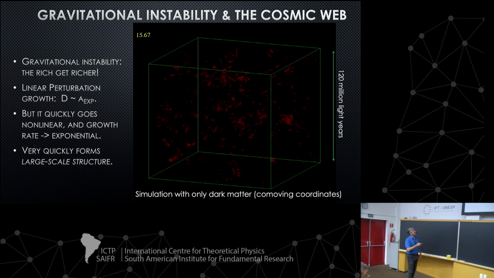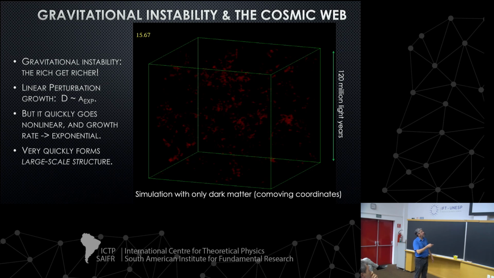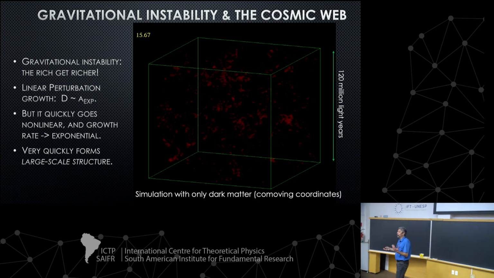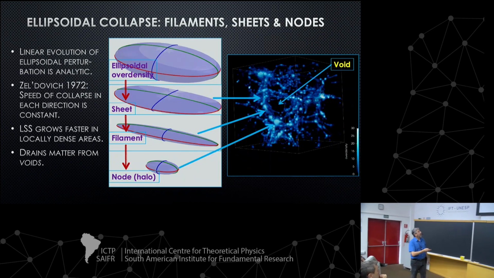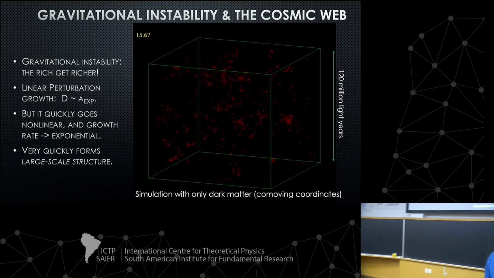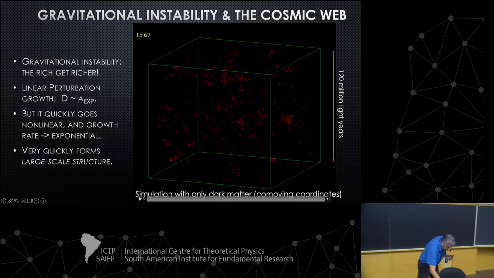The point is that these perturbations grow in the linear regime, not that quickly actually, just as the expansion factor. But once it goes nonlinear, the growth essentially goes exponential. Let's see if I can start this, there we go.